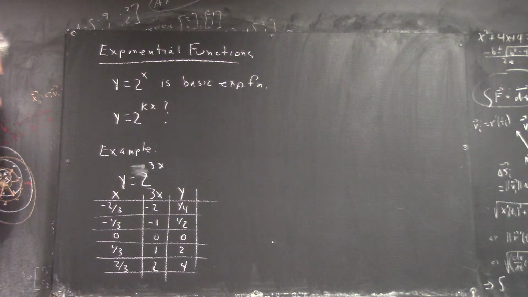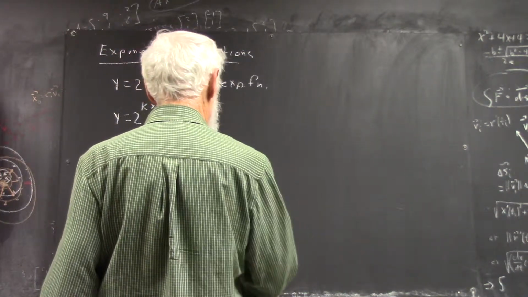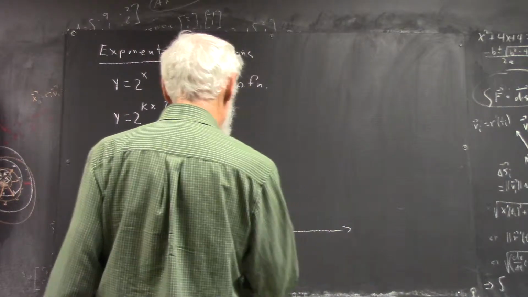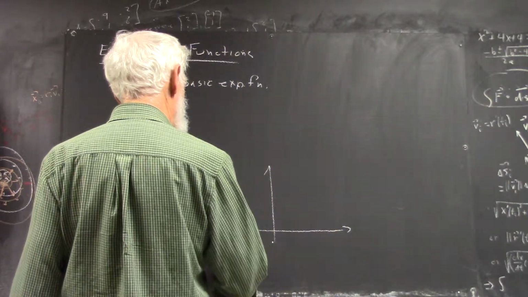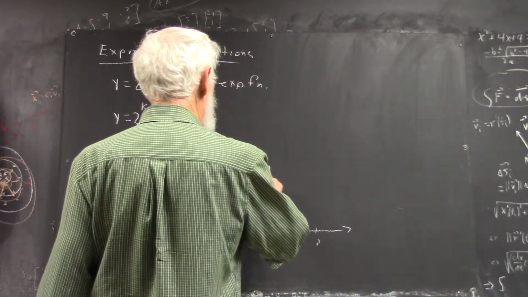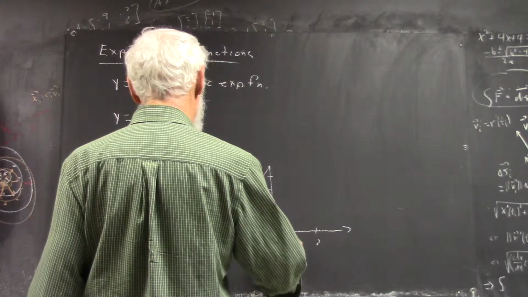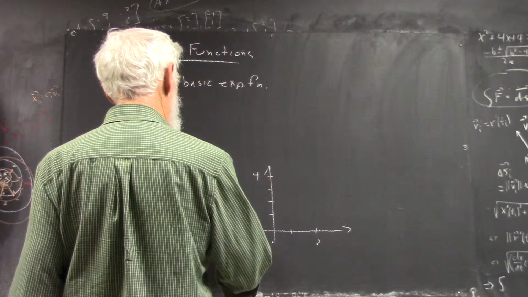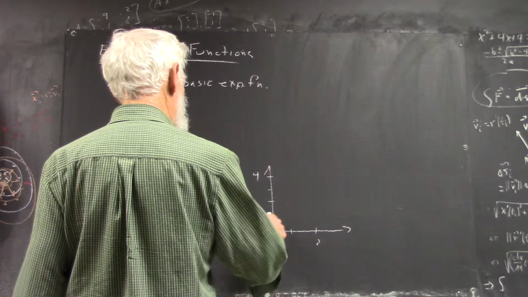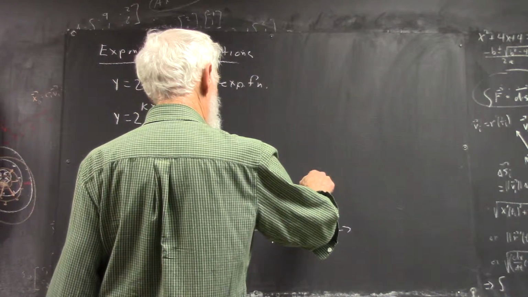So now let's do a graph. First of all, I'm going to just sketch a graph of the basic function for the basic values, negative 2 up to 2, and the values here go to 4, and the rest of the values are like they are, and I'm going to have numbers that give me a graph that looks like this.